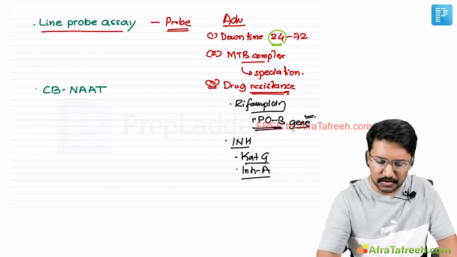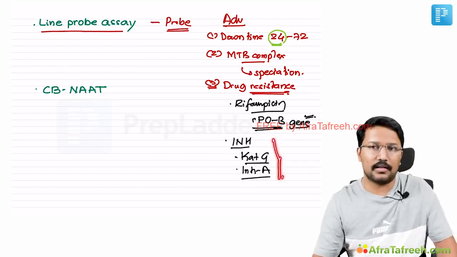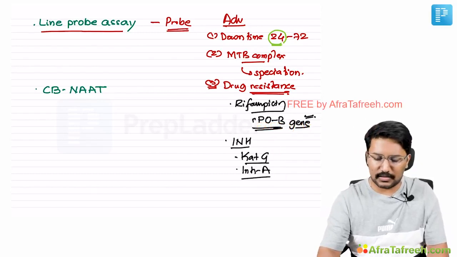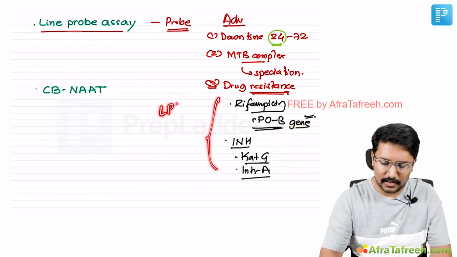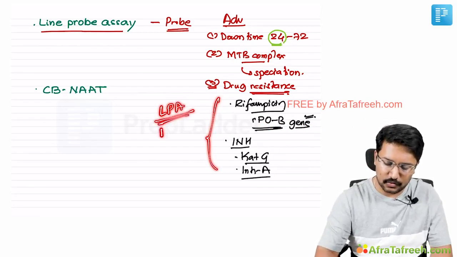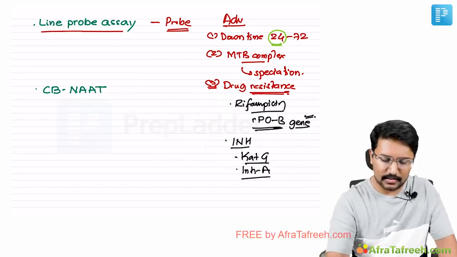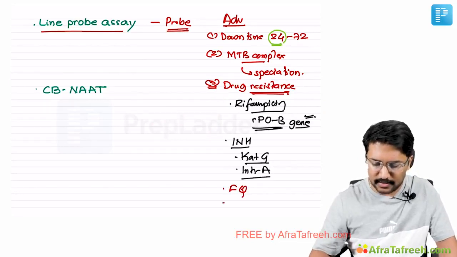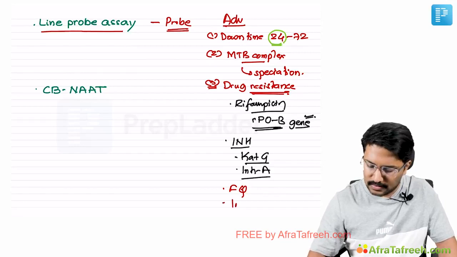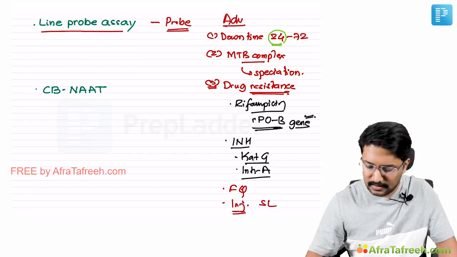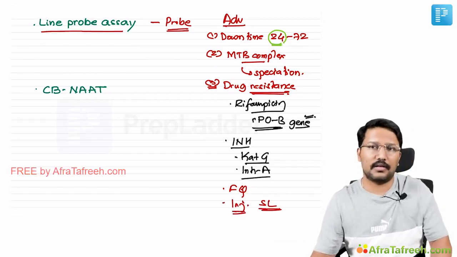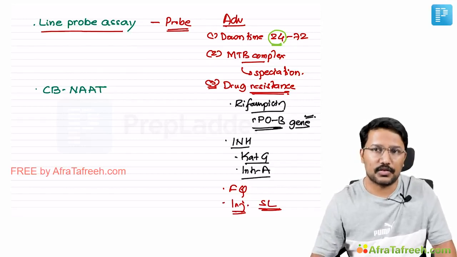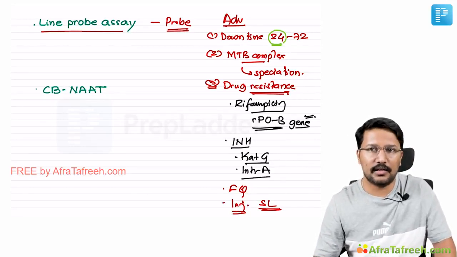So these two gene mutations can be identified in the line probe assays. So these are all first line agents. These line probe assays can identify resistance to first line agents as well as second line agents. For the second line agents, it can identify resistance to fluoroquinolones, and it can identify resistance to certain second line injectable drugs. Resistance to SLIDs can also be identified by the line probe assay.